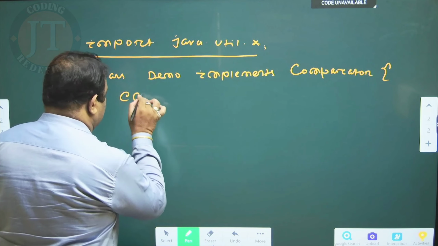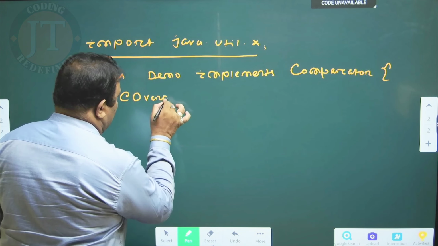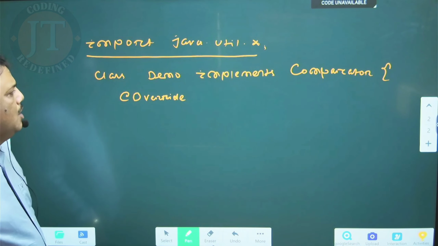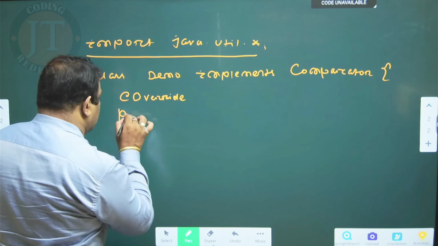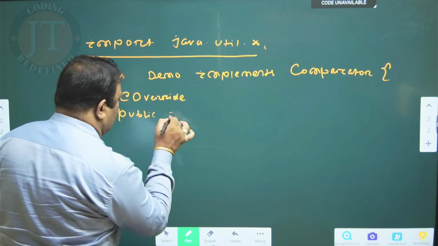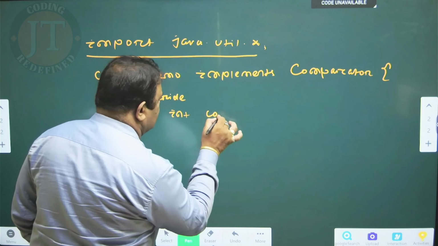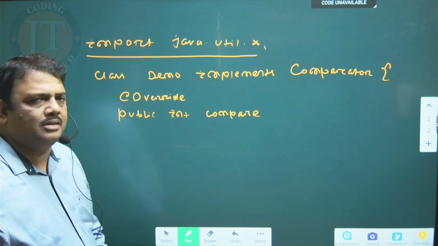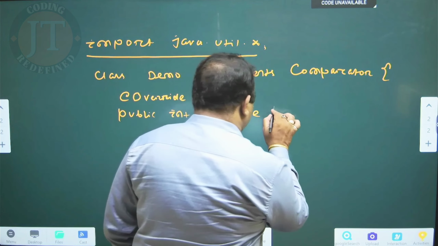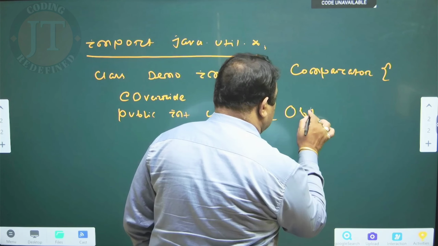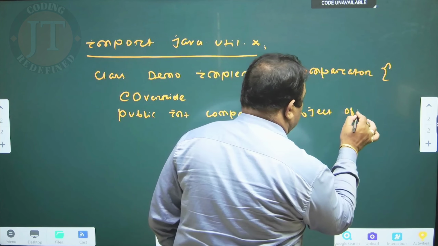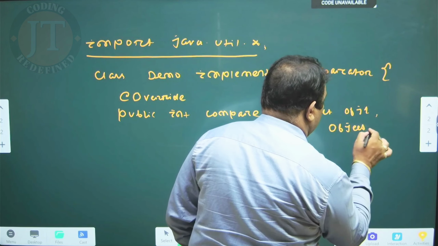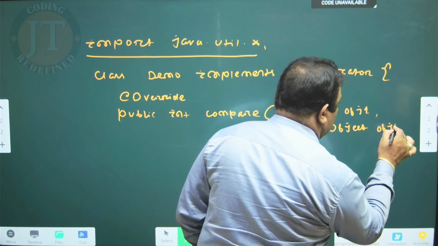I write @Override, that is the annotation I use. What I can do here, that is public int compare. Here you see compare is the method. What type of parameter do I have to pass here? That is Object obj1, comma, Object obj2.